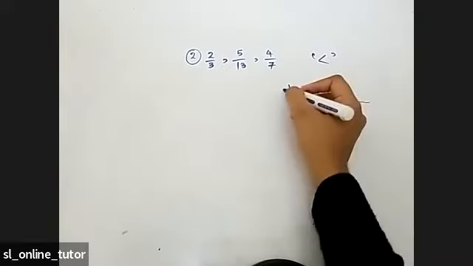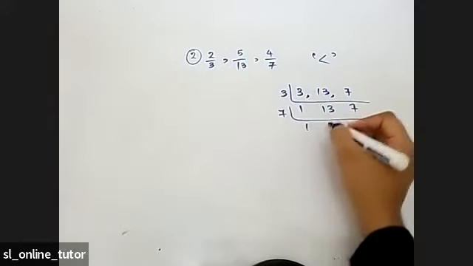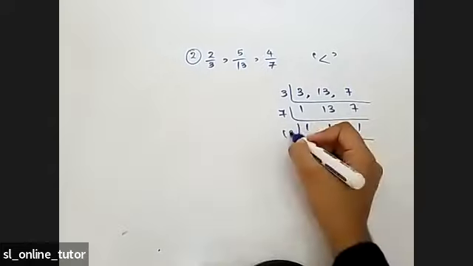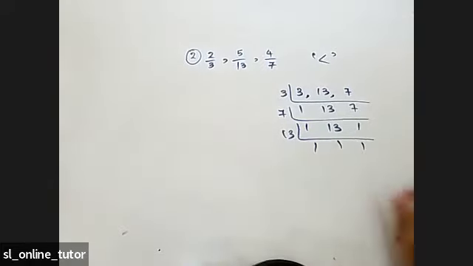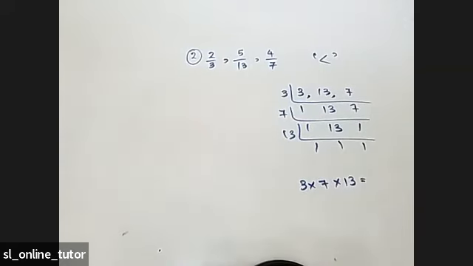What's the first prime number? We can take 3. Here it's not divisible by 7, not divisible here by 13. So can you see, we just had to multiply 3 into 7 into 13. If you multiply all these three numbers together, you get the LCM of the denominators. 3 into 7 into 13, what's the answer? 273. This is the common denominator.